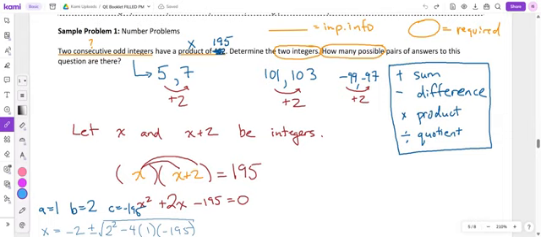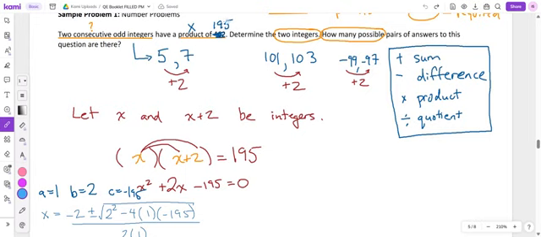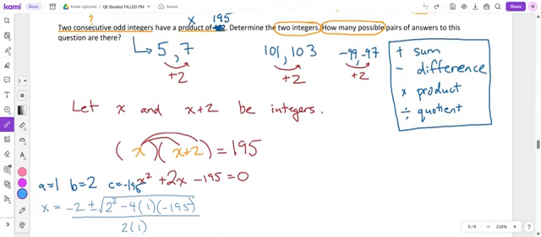We were working on consecutive integers. And if we're doing consecutive odd or even, do you remember we had to do the +2 situation? And then we were finding the product. So we said the product of 2 consecutive odd integers is going to be 195. But we didn't end up finding them.